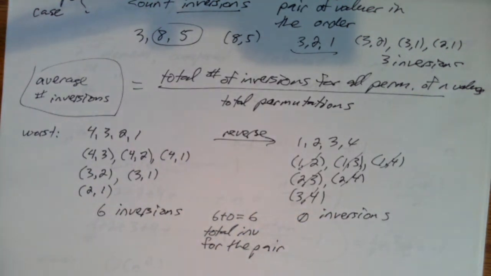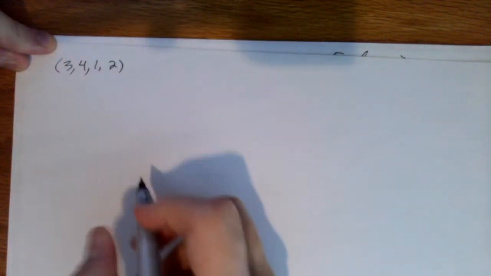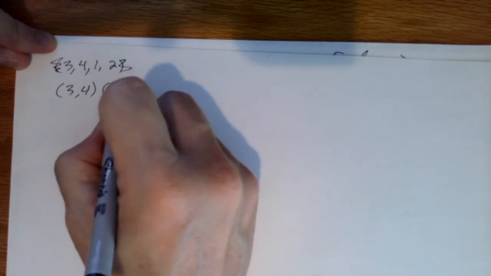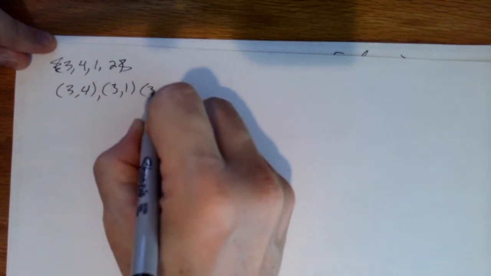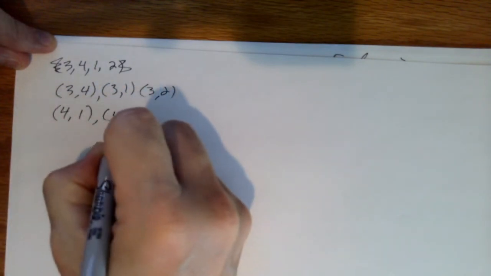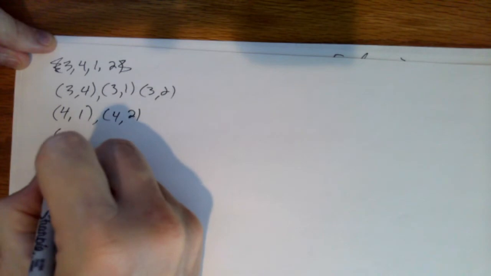Let's look at another one. Let's say we have 3, 4, 1, 2. That's our sequence. So the pairs would be 3 and 4, 3 and 1, 3 and 2, 4 and 1, 4 and 2, and 1 and 2.